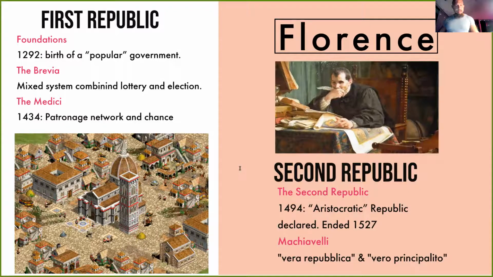He spoke very broadly of the notion of a vera repubblica and the vero principato, suggesting that these types of mixed regimes that were present in Florence were inherently unstable, and one must decide as a polity, as a society, in which direction one is going. Is one going towards a republic, and then one must embrace the true republic, as he suggested, or if one wants a principality, one must embrace a true principality, and that there's always a tendency to switch between these two if one does not decide. He himself was, of course, a rabid advocate of republicanism, as his Discorsi show.